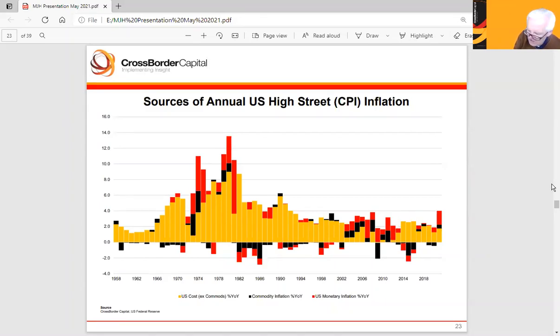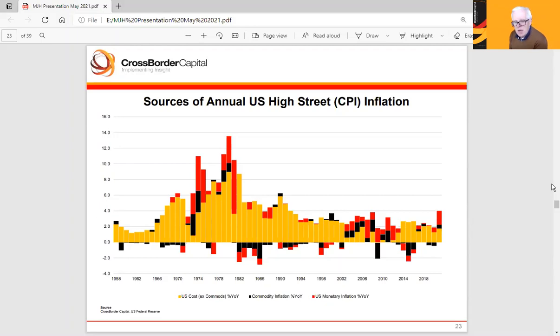And principal in that is wage pressures. The red is monetary inflation, in fact, the impact of Federal Reserve balance sheet expansion, if you like. The black area is commodity price inflation, which is effectively energy prices and seasonal products that can affect or distort the index.